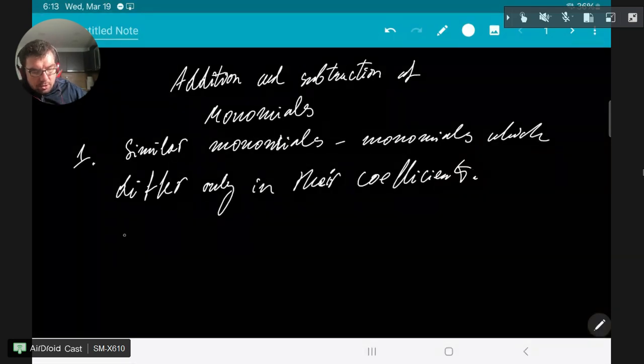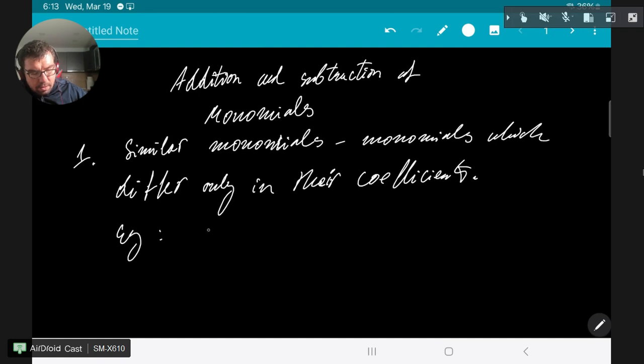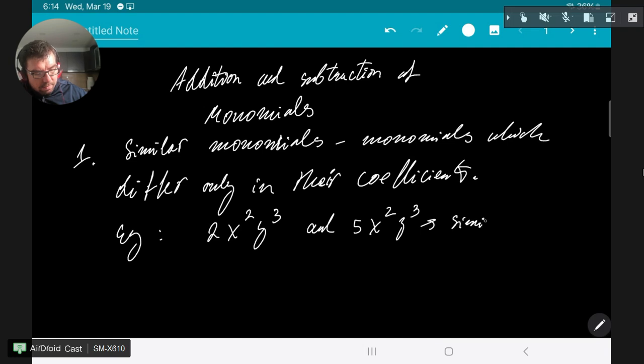For example, if I have 2x to the power of 2y to the power of 3 and 5x to the power of 2y to the power of 3, those are called similar. The variables are the same with the same degree. The only difference is the constant or the coefficient. That's the only difference, okay?